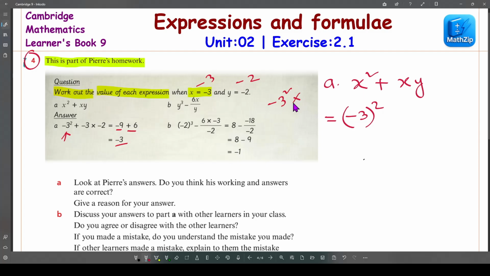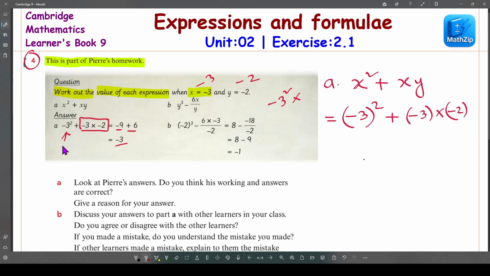This is wrong. So we should write minus 3 whole square. X means minus 3. X square means including the minus also squared, plus here is x, it means minus 3 times y means minus 2. So he did this right thing.